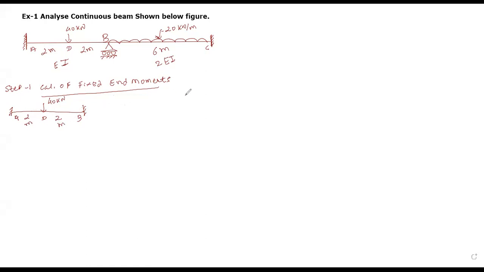For that we have the fixed end moment equation: MFAB equals minus WL by 8. I hope it is clear to all of you. What is your W? W is 40. Minus 40 into length, L is 4 meters, the total length of the AB beam, divided by 8.